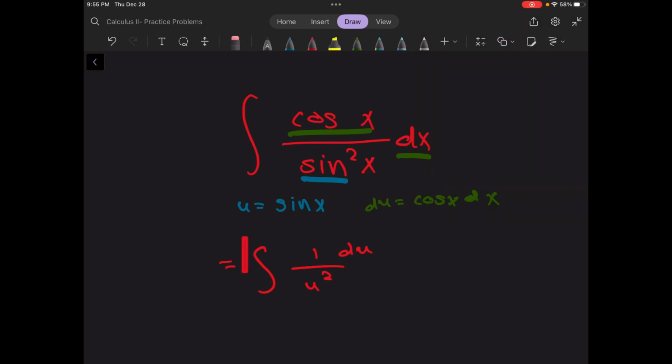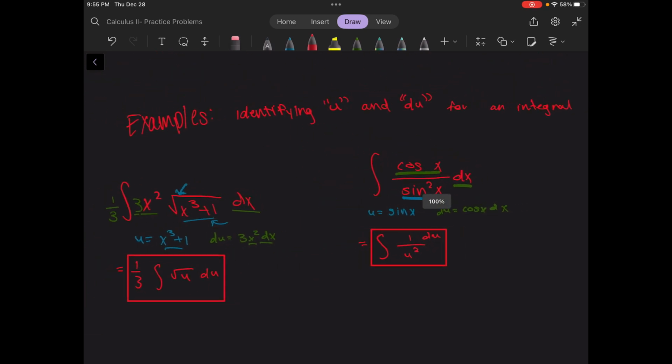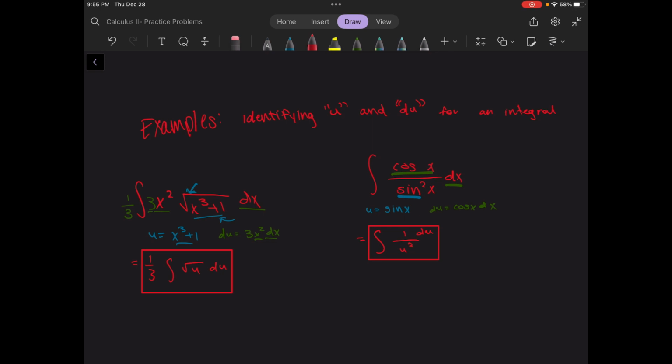And of course that is also an easy integral to solve using the power rule. So that's all you have to do to identify u and du when solving integrals. And then of course solving the integral is the easy part.